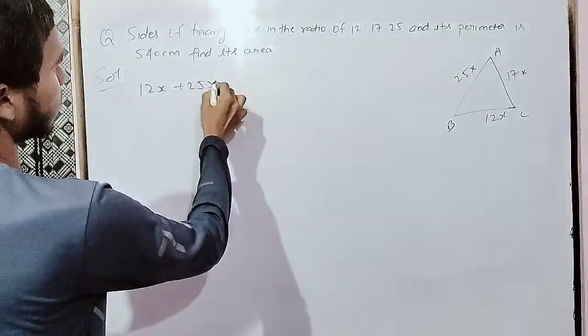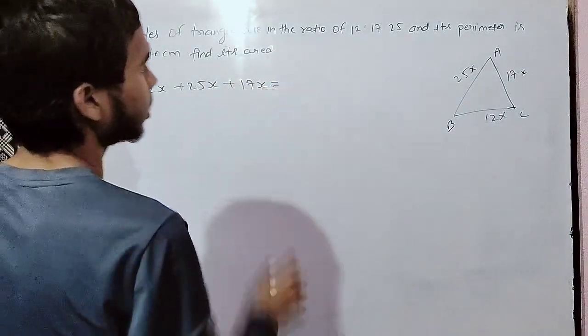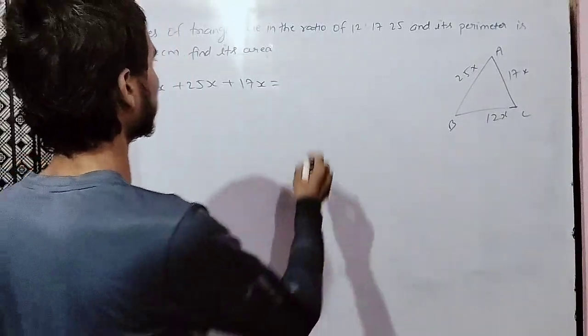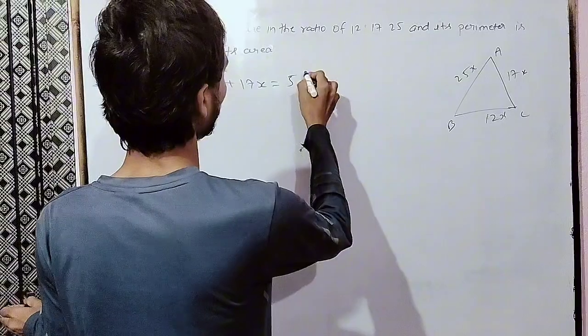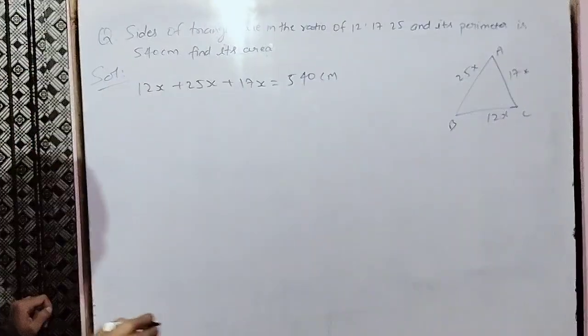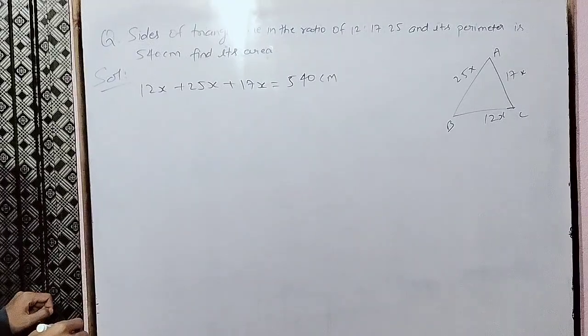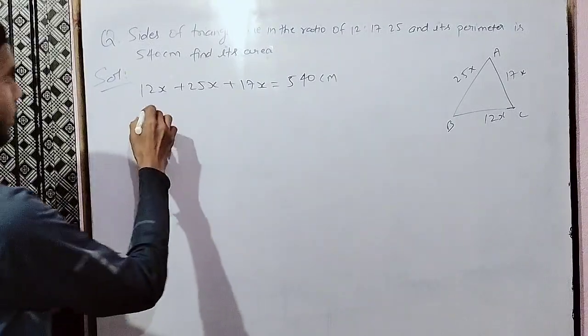So we know 12x plus 25x plus 20x becomes what? Perimeter. Yes, perimeter is given, which is 540 centimeters. From here we can find the value of the unknown variable.